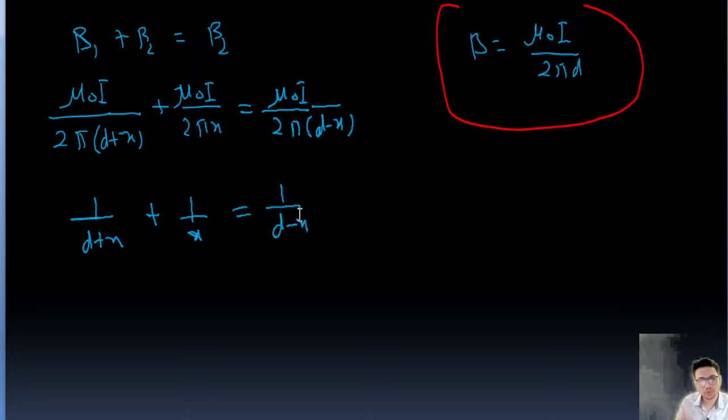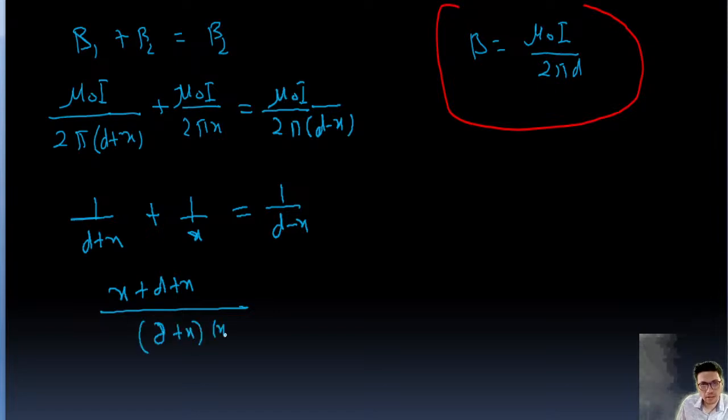Now very simple, solve it. This gives (x plus d plus x) upon (d plus x) into x equal to 1 upon (d minus x).